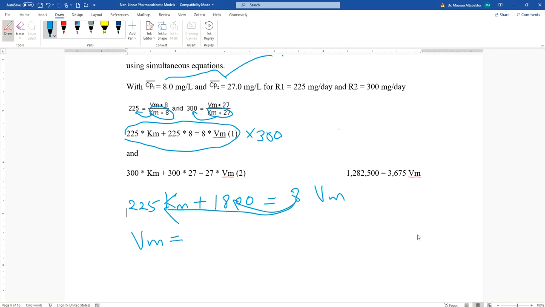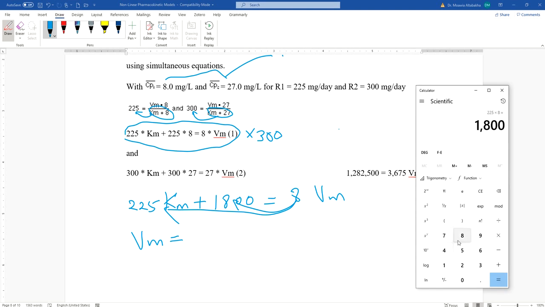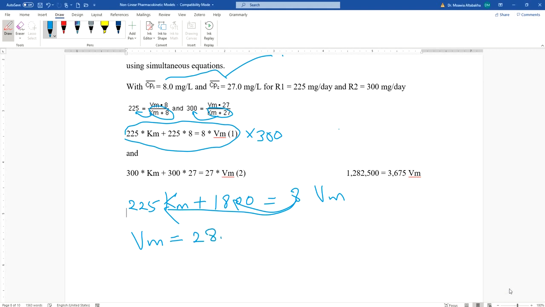So it's equal to 225 divided by 8, equal 28.125 Km, plus, now I need to divide the other one, which is 1,800 divided by 8.